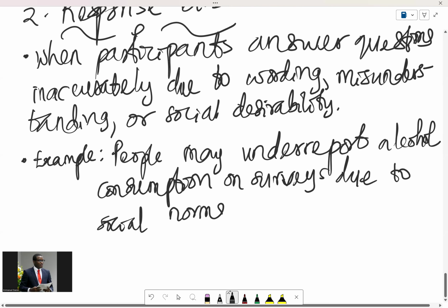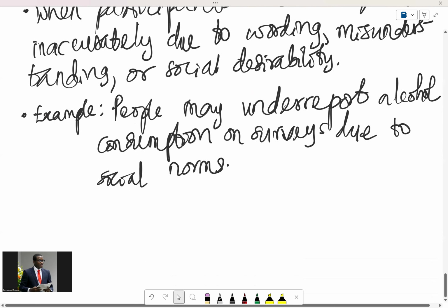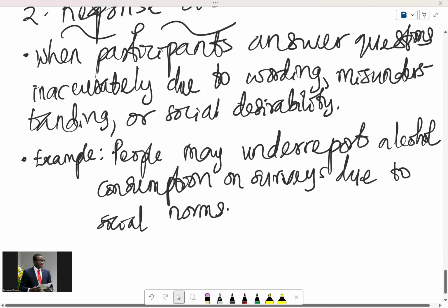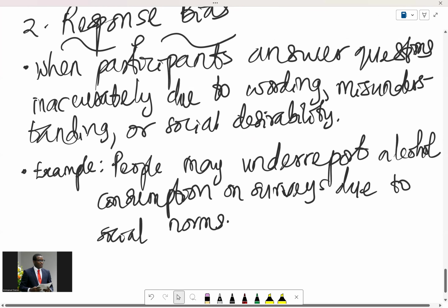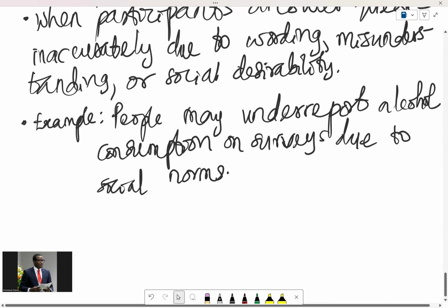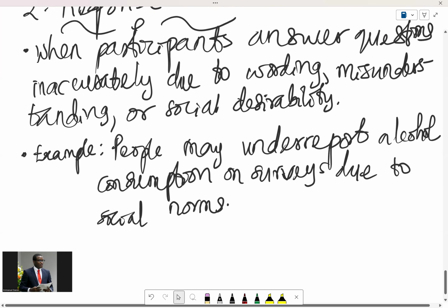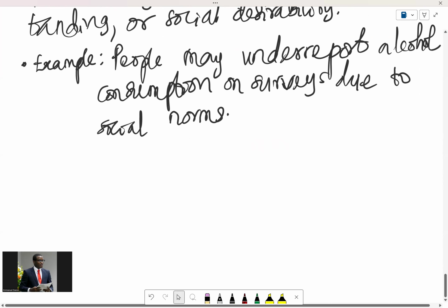Nobody wants to tell you they are alcoholics. Even an alcoholic doesn't want you to think they are. So if at all they agree to answer your questions, they would rather give you something that makes them look good instead of telling you the truth. That will lead to response bias.